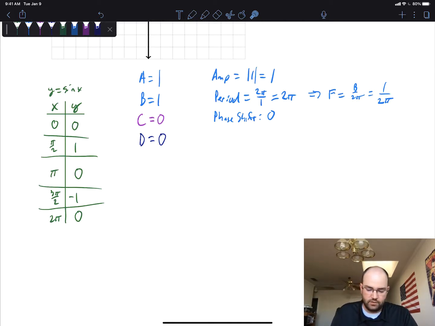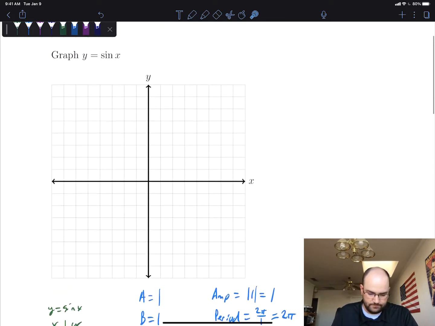Alrighty, now that we know all of this, let's go ahead and graph this up here. So we have the coordinates 0, 0, and oh look, I don't know anything else because I haven't put a scale on here. Well, in order to keep from crowding everything, what I'm going to do is make this pi over 2, pi, 3 pi over 2, and 2 pi.